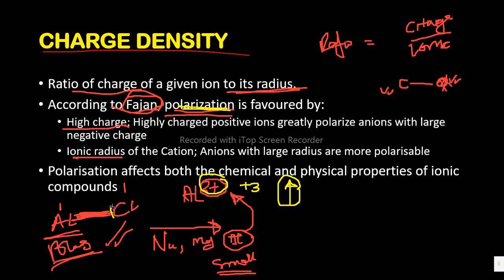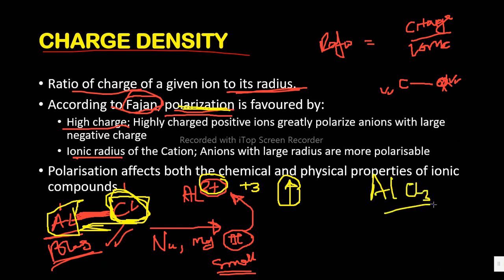For example, if you react aluminium with a chloride ion, the aluminium will have a high polarization power, and the chloride will have a high polarizability, so it will be highly polarized. And if you polarize this aluminium chloride bond, it will totally change the physical and chemical properties of such a compound. For example, aluminium chloride, AlCl3, is assumed to be an ionic compound.